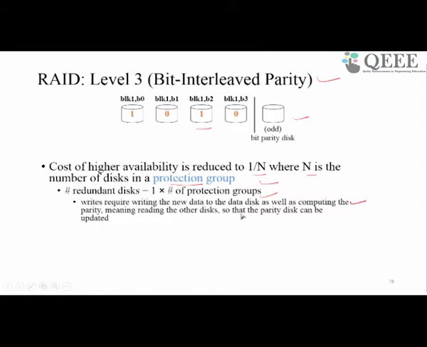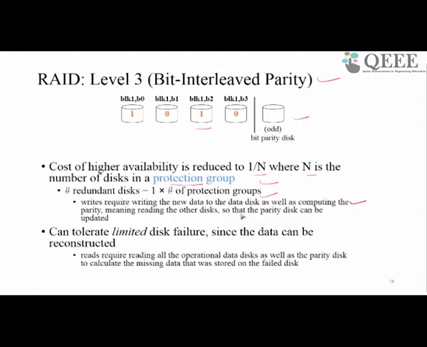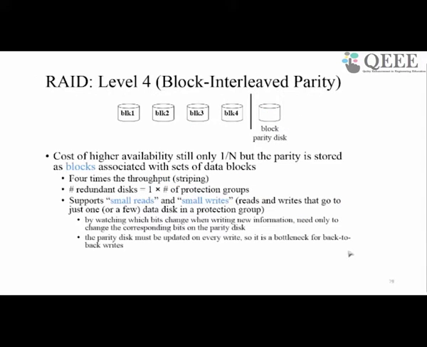So this is the additional overhead that is introduced. It can tolerate a limited amount of error, because in case there is an error, it can be identified by looking at the parity bit. That is how it can tolerate.